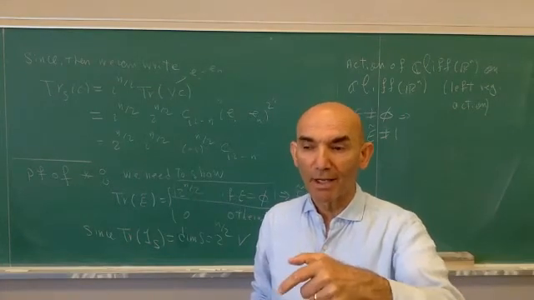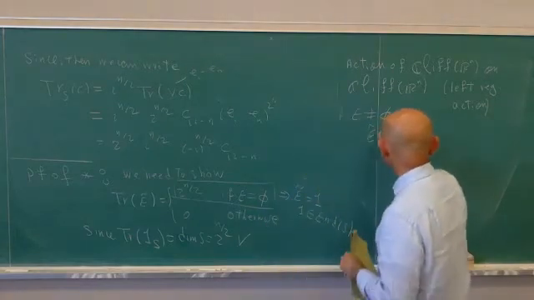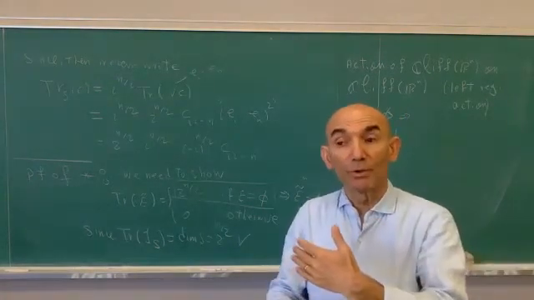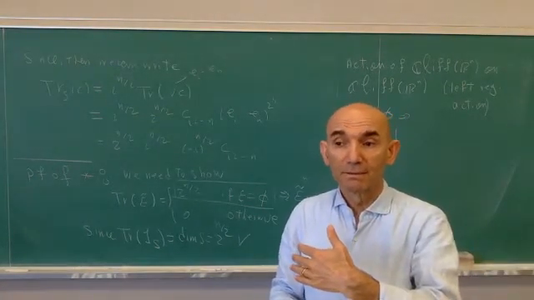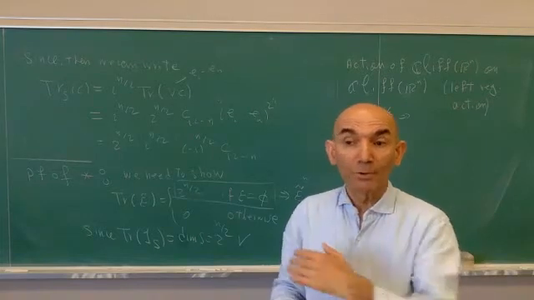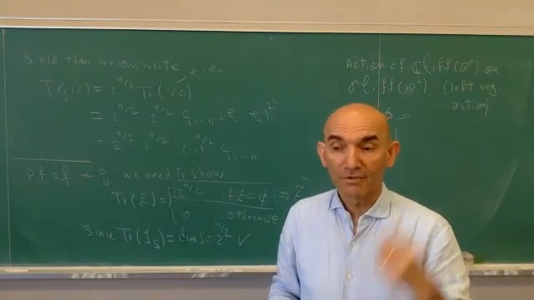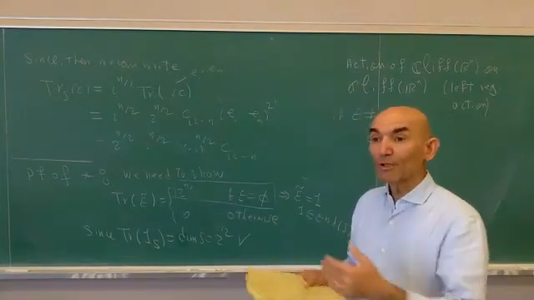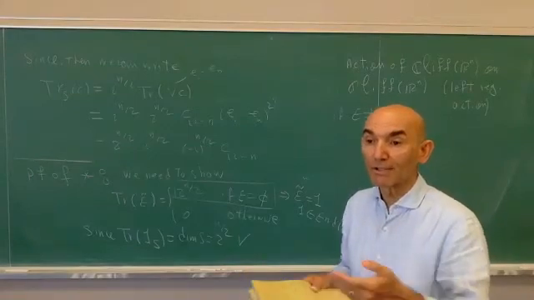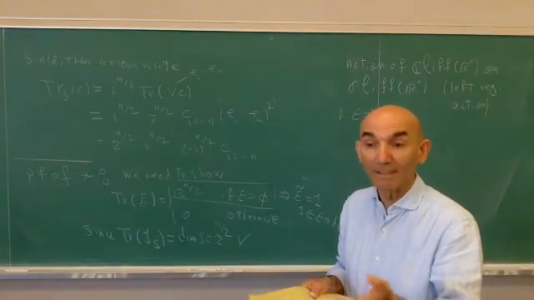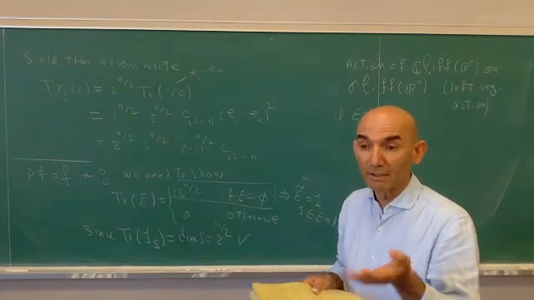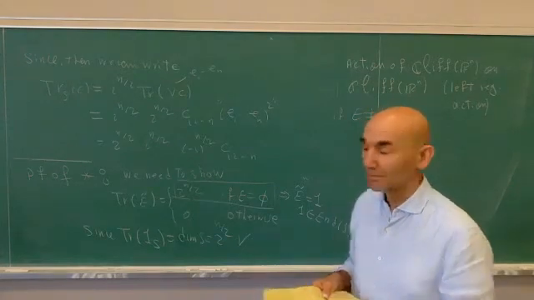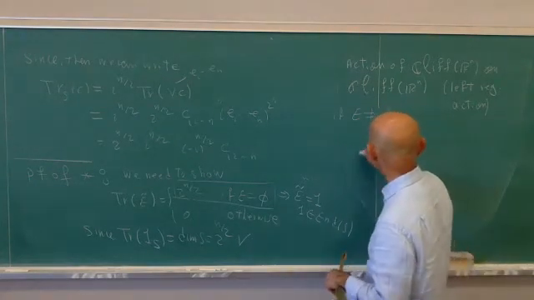Because when you multiply basis elements by this fixed E tilde, you just multiply those Clifford algebra elements. And they are not going to be the same. Just think about it, because that element is invertible. Okay? If they were going to be the same, you could cancel and show that actually E tilde has to be 1, and you know that E tilde is equal to 1 if and only if E is empty, but we are assuming E is not empty. So that's the argument. Okay, so let me write it.